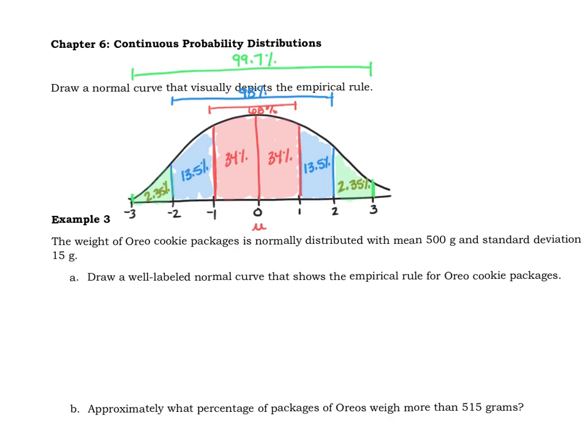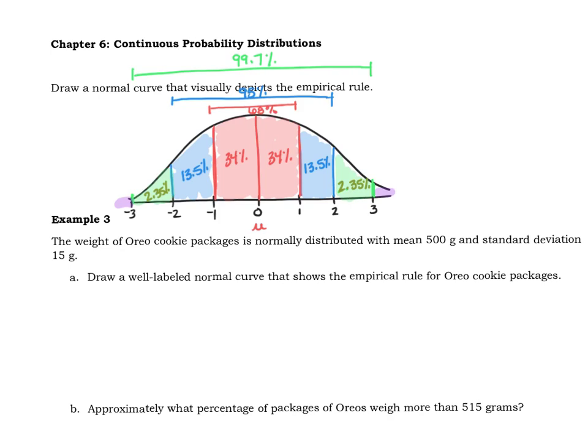But we are not done yet, because we still have these regions. Let me grab another color here. We still have these regions out here, beyond 3 standard deviations. And remember, the area under the curve totals 100%.